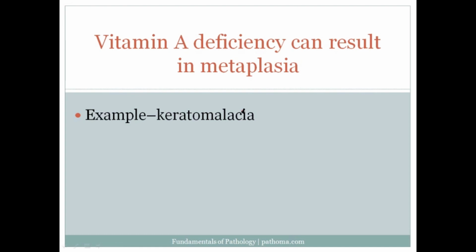The third consequence of vitamin A deficiency is that it can result in metaplasia, and that's what we want to talk about here. Let me remind you that vitamin A is necessary for maintenance of specialized epithelia in the body. For example, the conjunctiva of the eye. The conjunctiva refers to a very thin, delicate membrane that covers the surface of the eye, and for the most part, we don't even appreciate that membrane.